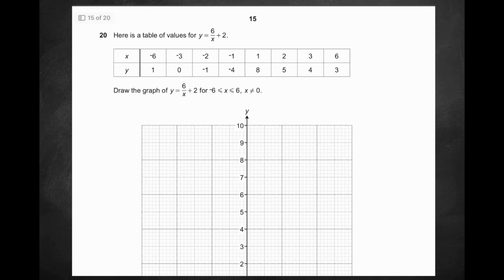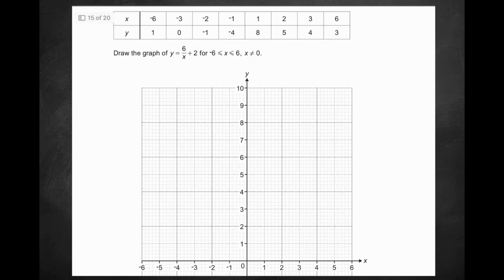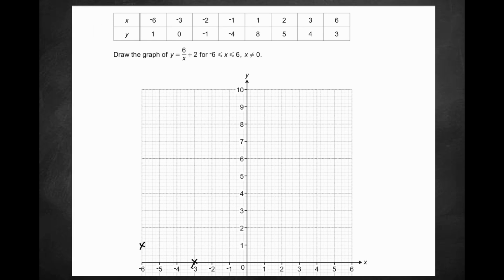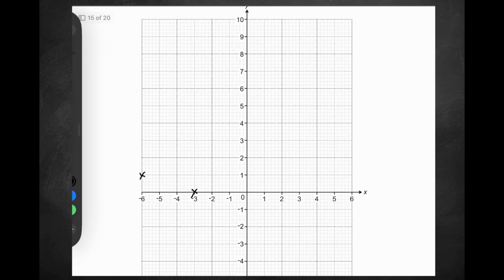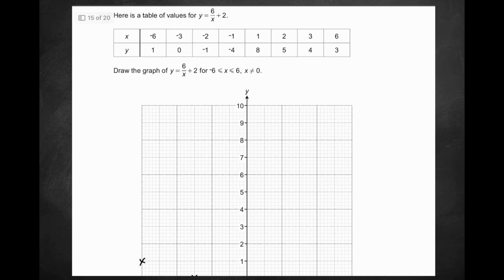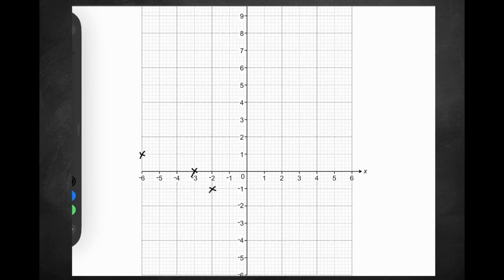Question 20. Here is a table of values for y equals 6 over x plus 2. Draw the graph for minus 6 to 6. We have the values in the table already. So when x equals minus 6, y equals 1. When x is minus 3, y equals 0. When x is minus 2, y equals minus 1. When x is minus 1, y is minus 4.